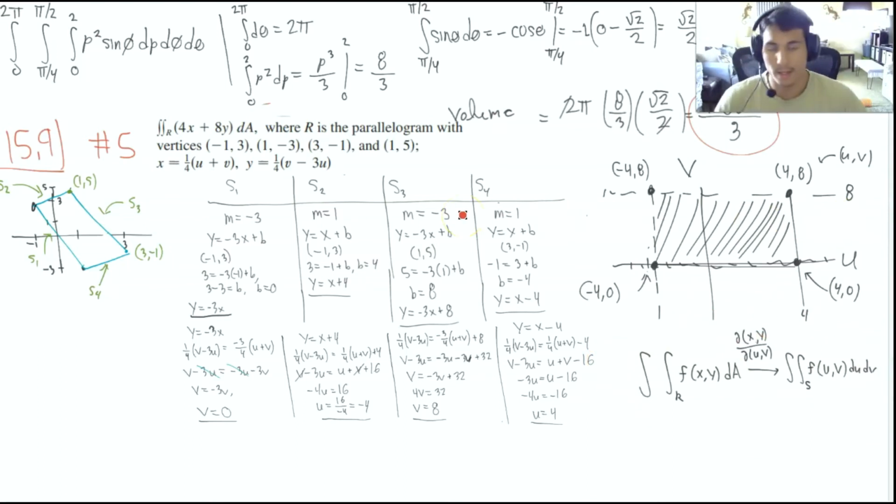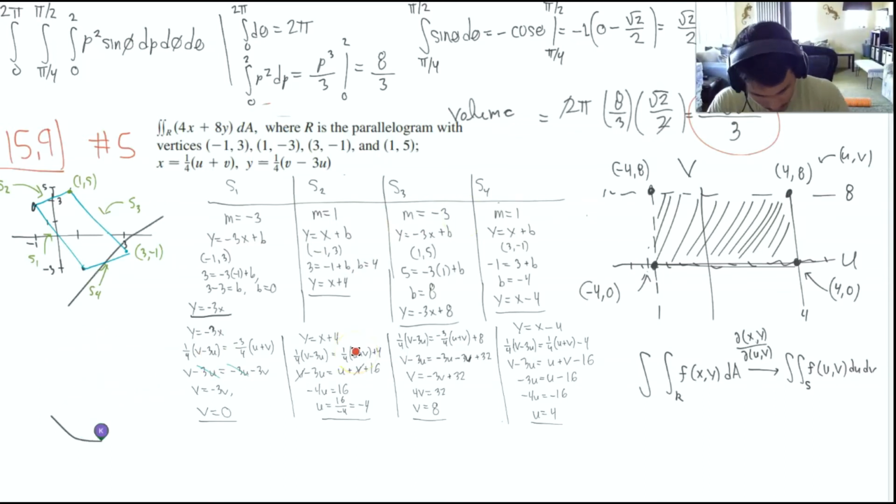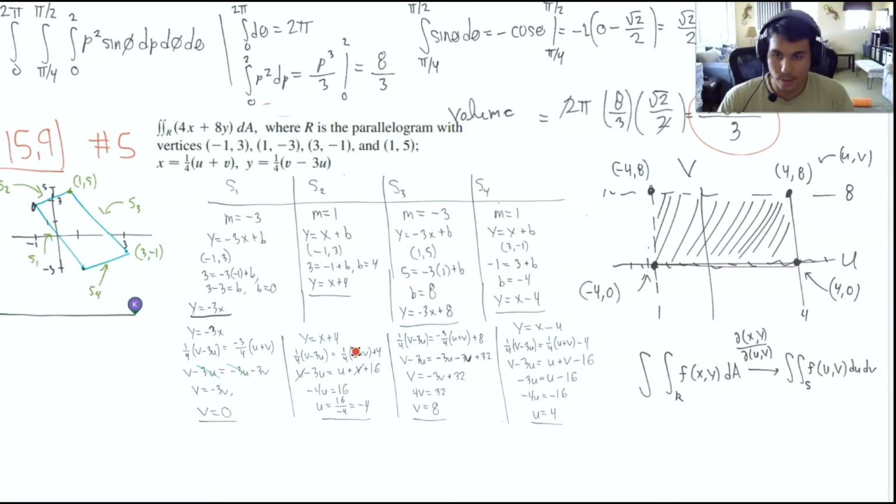Now I'll set up our new integrand over here. Our integrand once was 4x plus 8y. How can we turn this into a function of u and v?